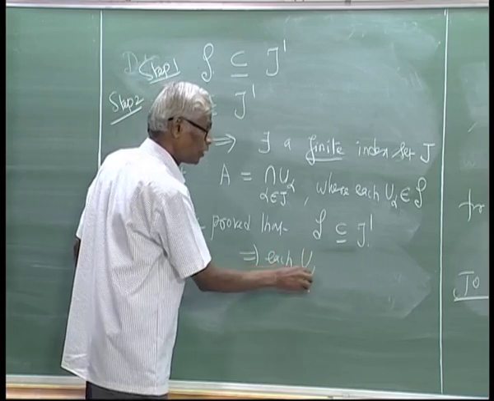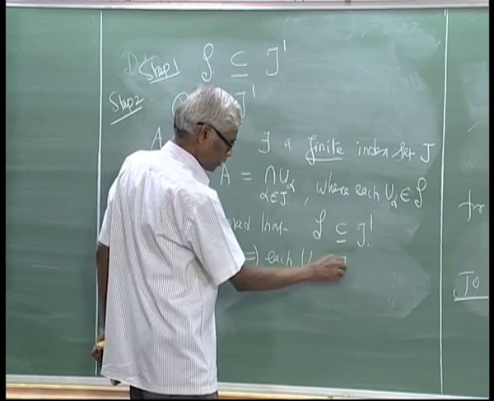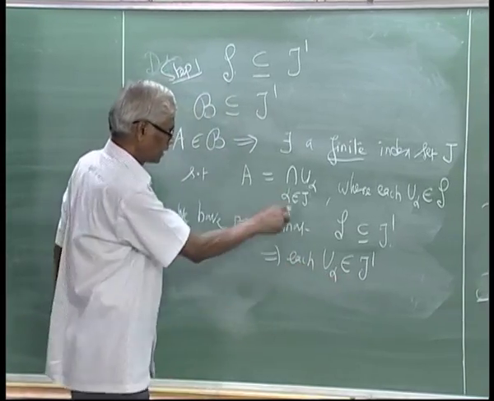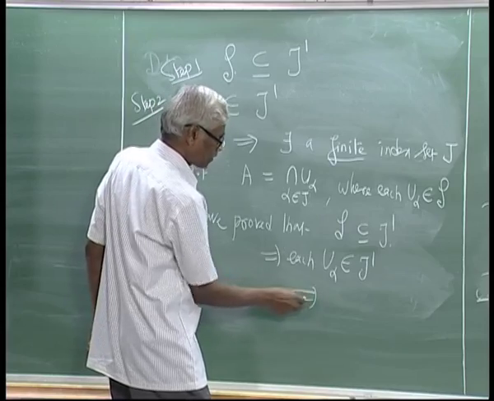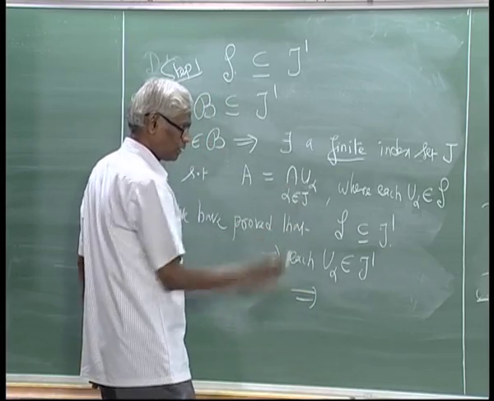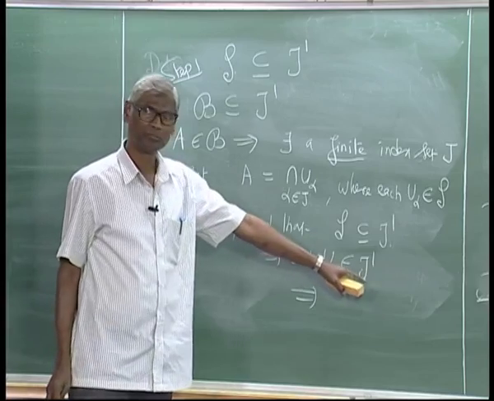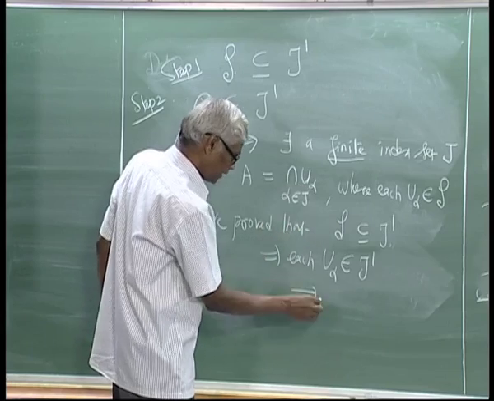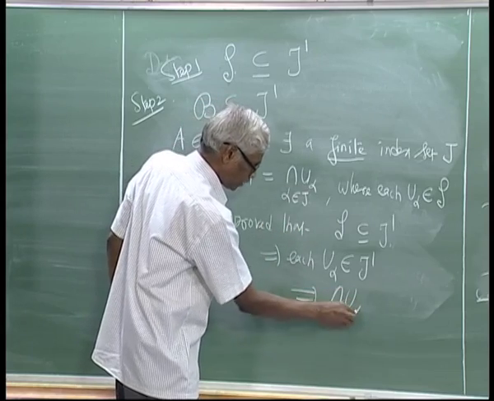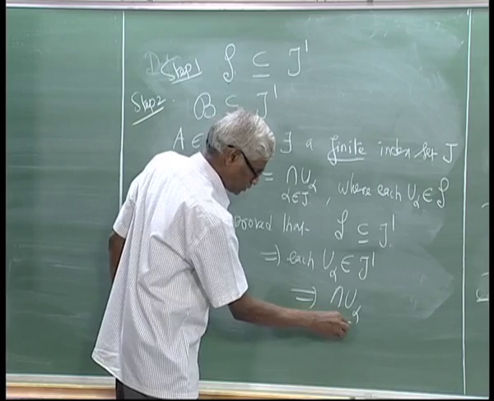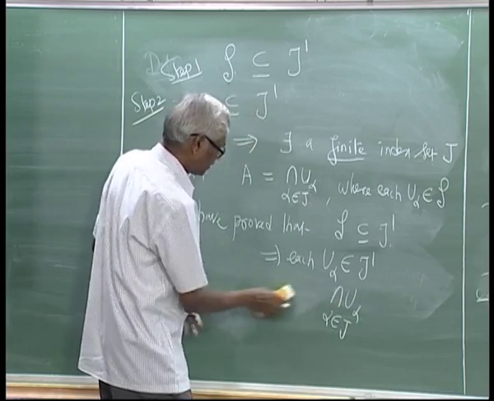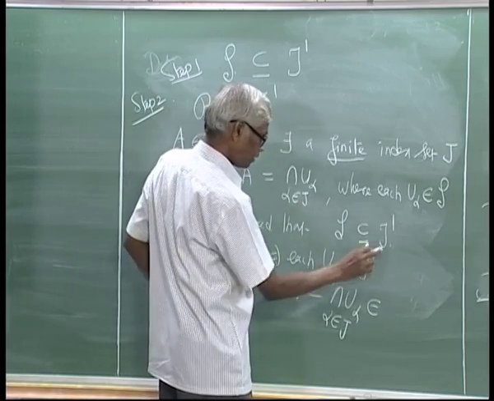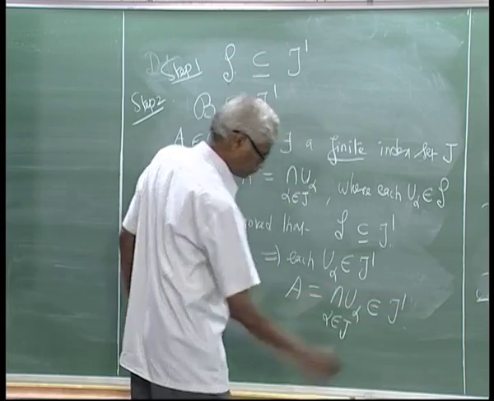each U_alpha belongs to tau prime. A finite intersection of open sets is open, so the intersection of U_alpha, alpha belongs to J, which is our A, belongs to tau prime.